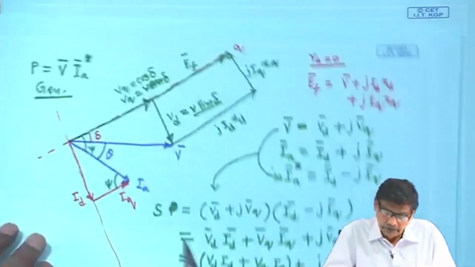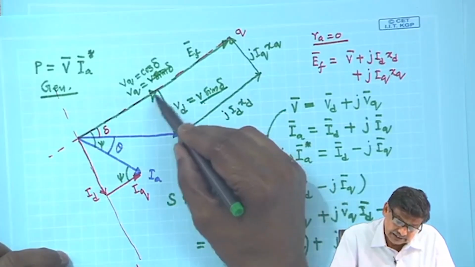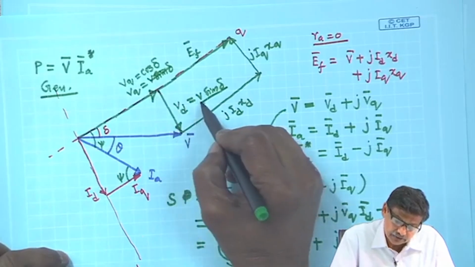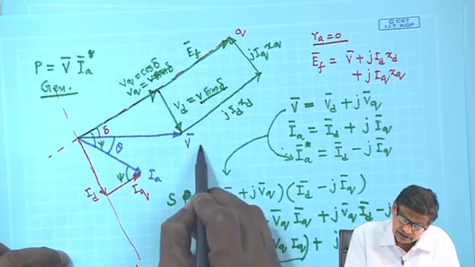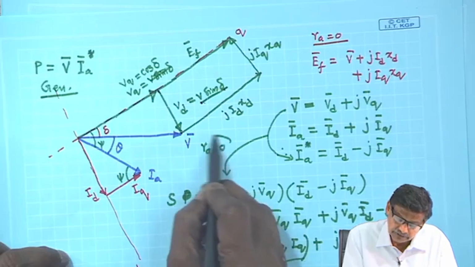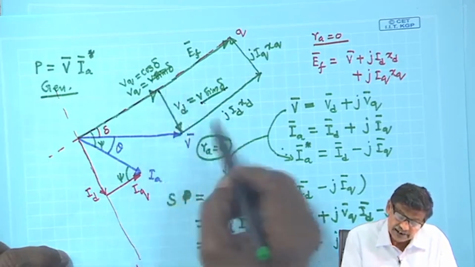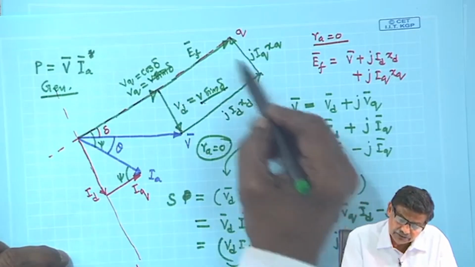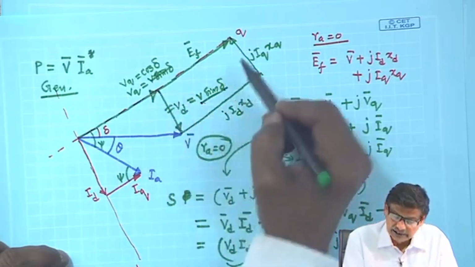It is very simple. You see this length V_d is equal to V sin delta, mind you this is the R_A equal to 0 case. So, V sin delta will be nothing but I_q into X_q, this length and this length are equal.